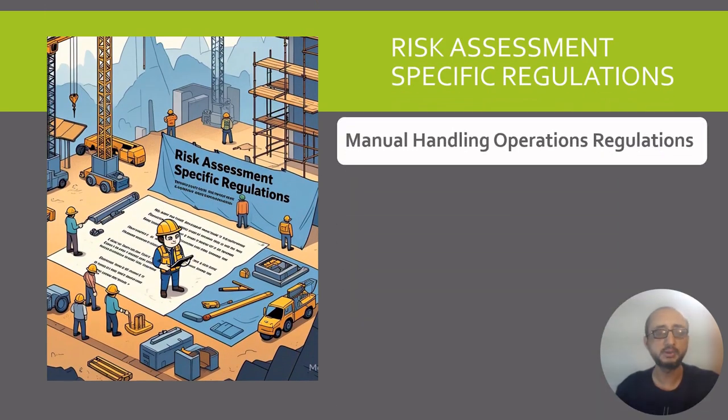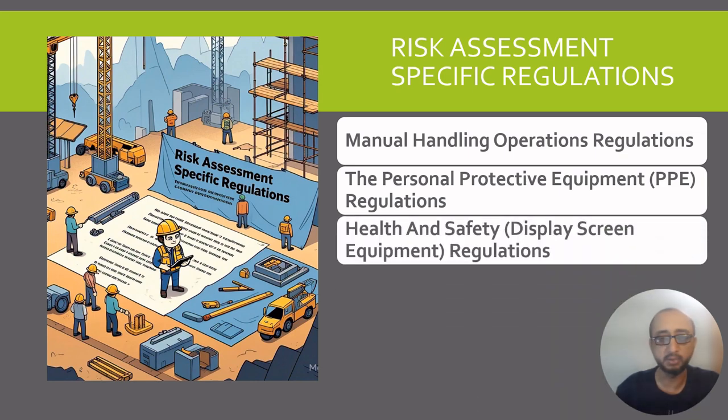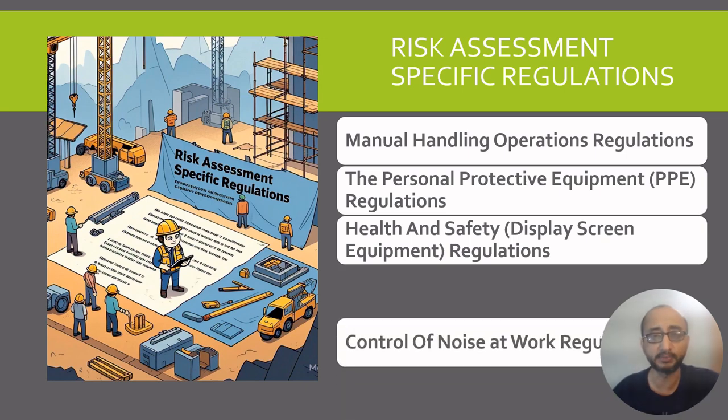Let's look into some risk assessment specific regulations. Manual handling operations regulations relate to manual handling and set the principle for the risk assessment regarding manual handling. Then personal protective equipment regulations set the principle for the risk assessment specific to personal protective equipment. Then the health and safety display screen equipment regulations address the issues related to display screens and set the risk assessment process.